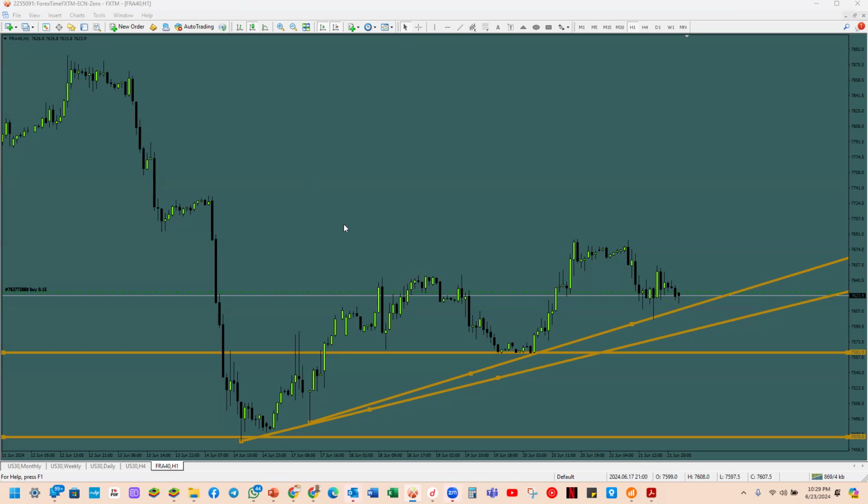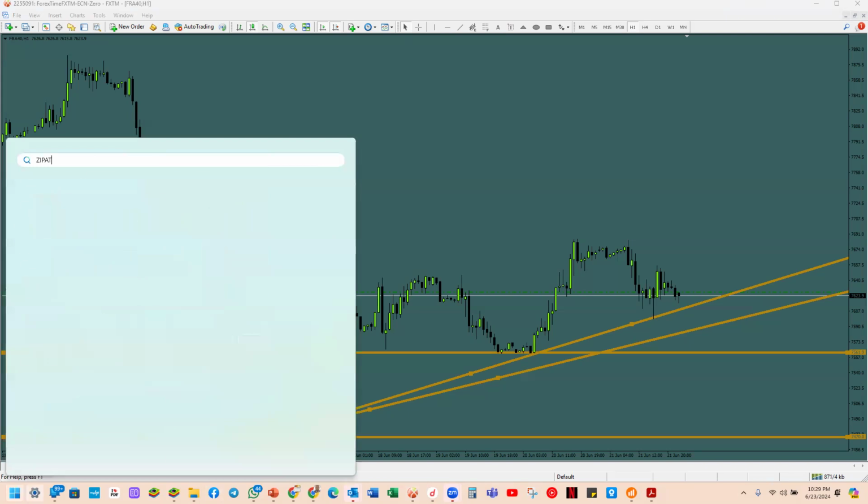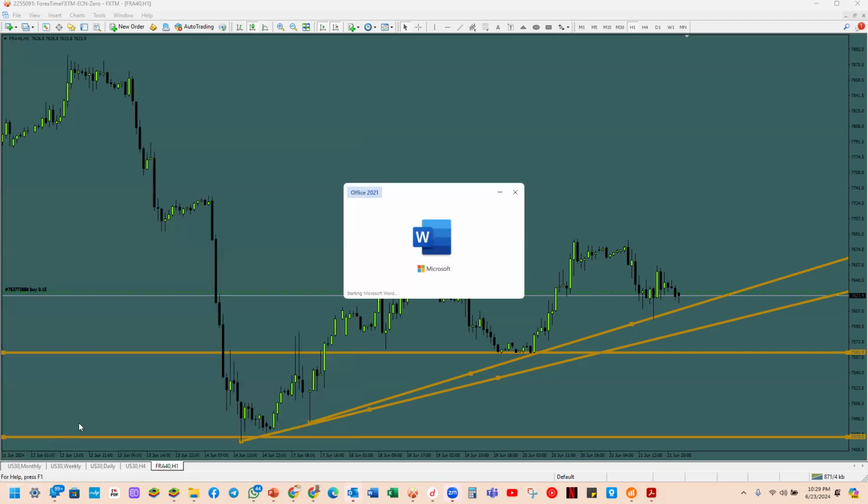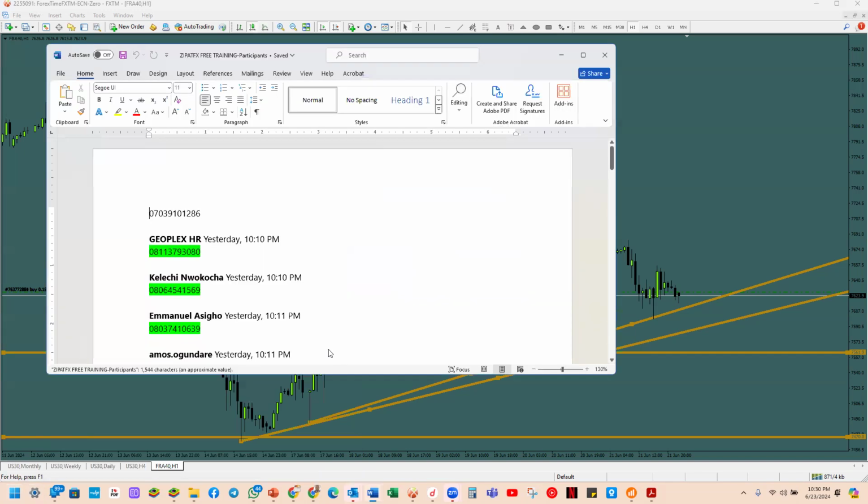Then also, for some persons that sent their numbers to be added to the WhatsApp group, let me see the people I couldn't add. There are some people whose number is not on WhatsApp.